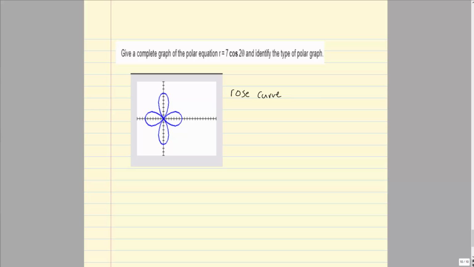We've already looked at one that was just a circle. That was when it just had a constant radius. That's the type of thing you can graph on your calculator as well. And I'm just double checking through here to make sure that we've seen some of everything, and I believe we have. So when you're working through these, make sure you keep track of that.